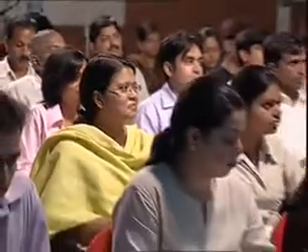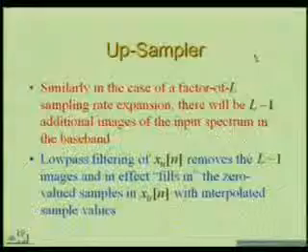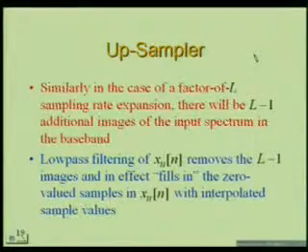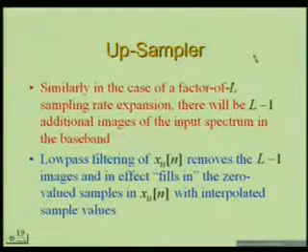As we have seen, we get an additional image when you go for an expansion of the sampling frequency. Similarly, in the case of a factor of L sampling rate expansion, there will be L minus 1 additional images of the input spectrum in the baseband.